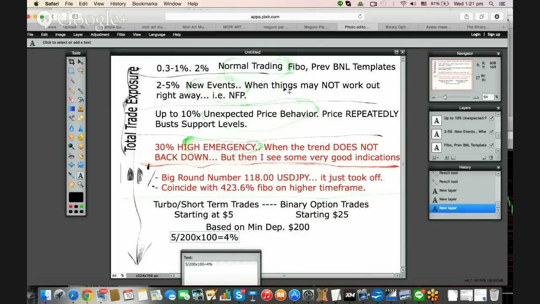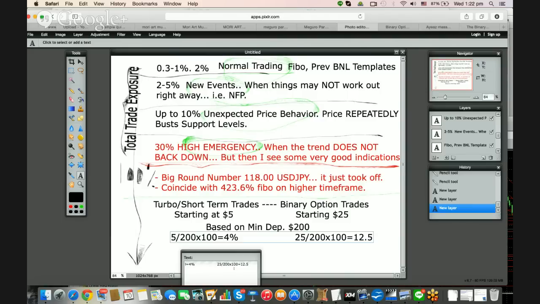And then what about binary option? Now this one is just plain nuts. The equation is going to be like this: 25 divided by 200 times 100, and I believe that's 12.5%.